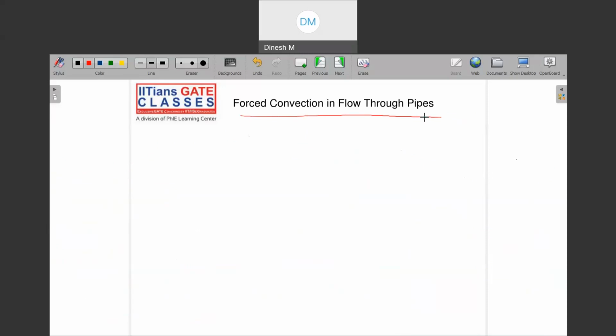Now we can see what is the flow through pipes. Okay. So now let us see what are the things we are going to understand here. So flow through pipes.